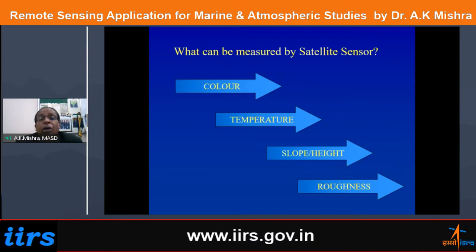So to measure the basic color, temperature, slope and height and roughness, we have a range of sensors, not one sensor.